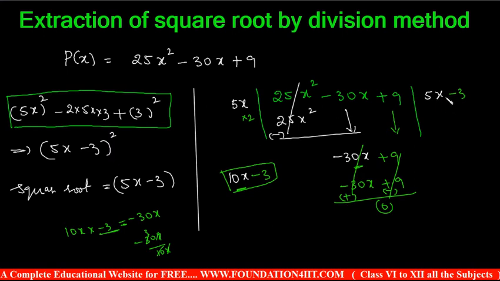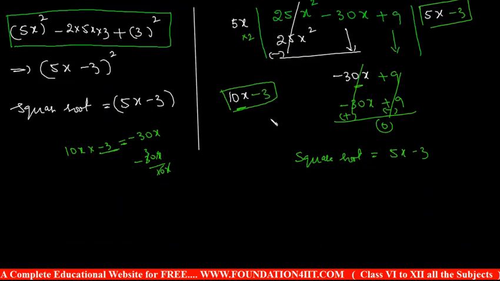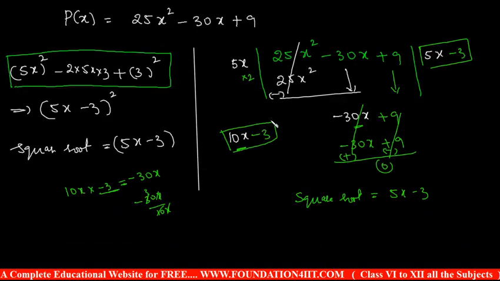So therefore the square root is equal to 5x minus 3. Let me show one more example, it will be very clear. 5x minus 3 into 5x minus 3 gives 25x square minus 30x plus 9.